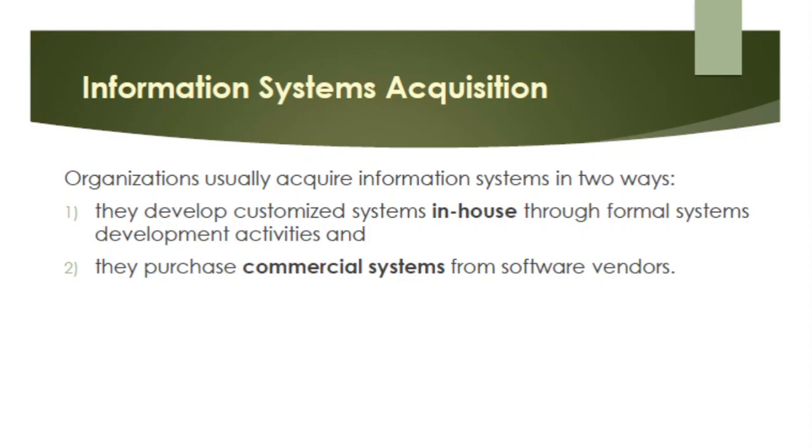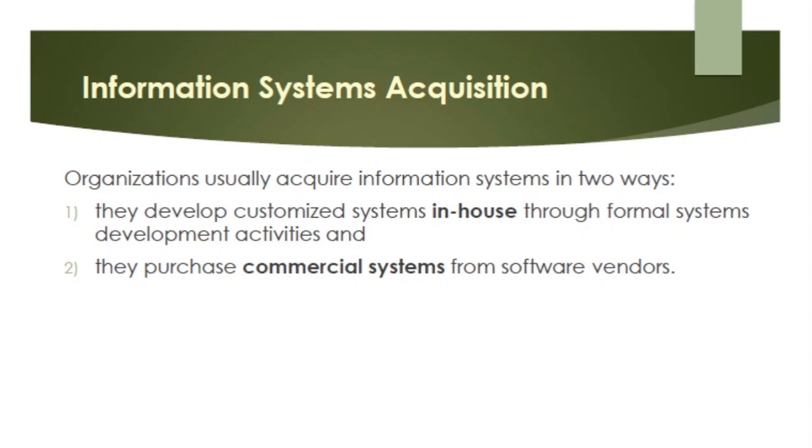Next is the information systems acquisition. So, organizations usually acquire information systems in two ways. It's either they develop customized systems in-house through formal systems development activities, or they purchase commercial software from software vendors.